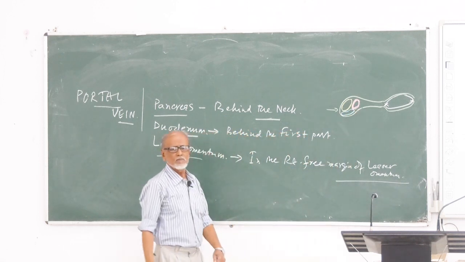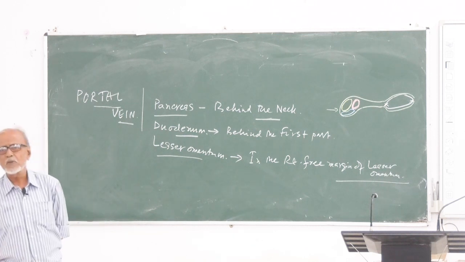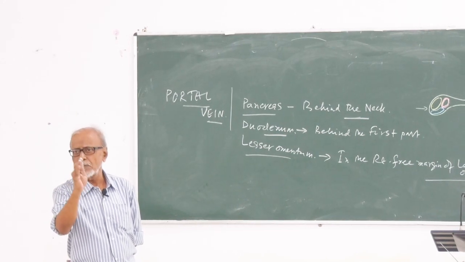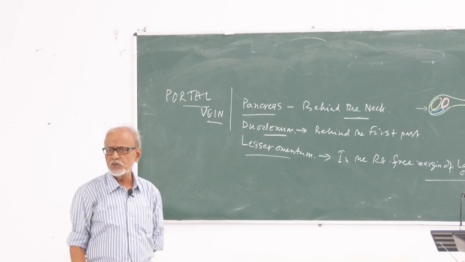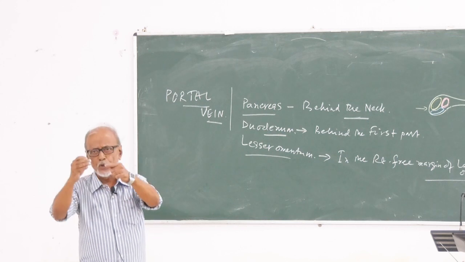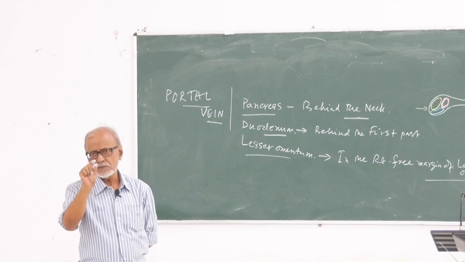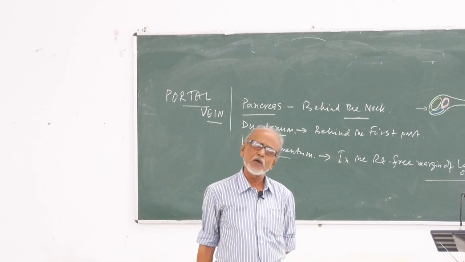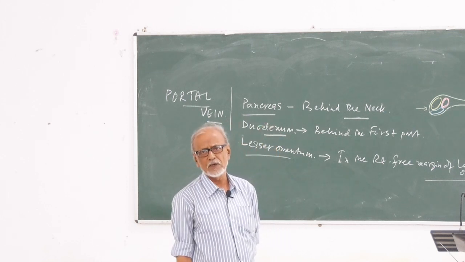This is the portal vein, ঠিক আছে, তাহলে in the right free margin of lesser omentum behind the bile duct CBD and hepatic artery proper will be lying the portal vein. তাহলে তুমি বডিতে আজকে যদি যাও পড়ে আছে কিন্তু আমরা লিভার কেটে দিয়েছি কিন্তু above the duodenum you can see the bile duct, ঠিক আছে, the hepatic artery and the portal vein you can see. তিনটে স্ট্রাকচার আছে, দুটো সামনে একটা পেছনে, portal vein.